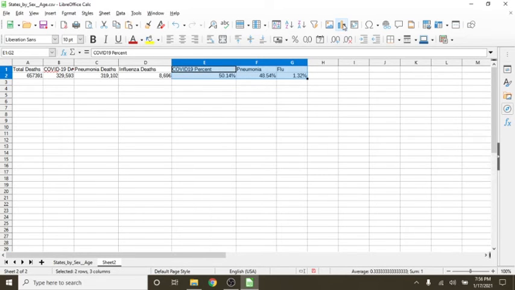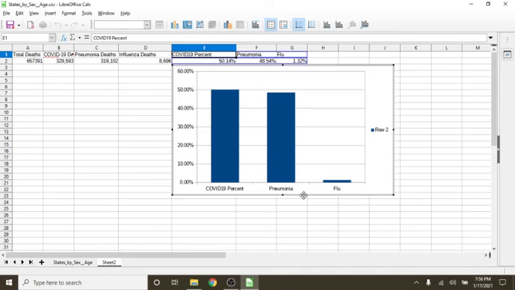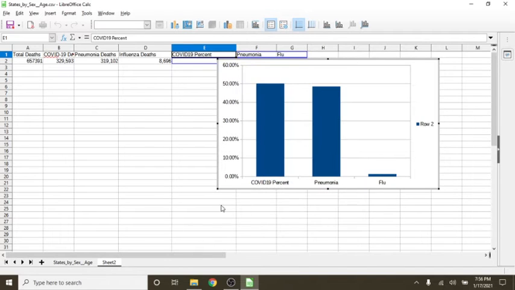Okay. So now we can see that there are at least three main causes of death. Well, 50%, and pneumonia accounted for another 50%. All right.